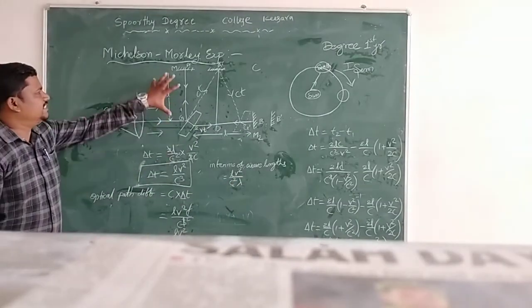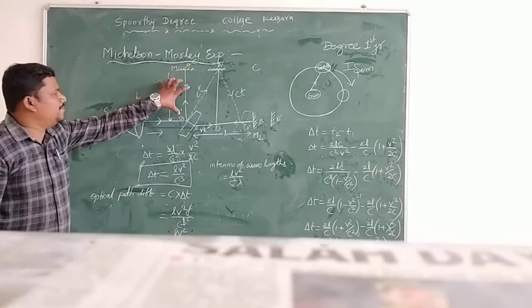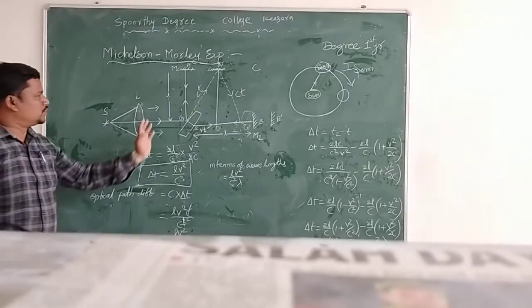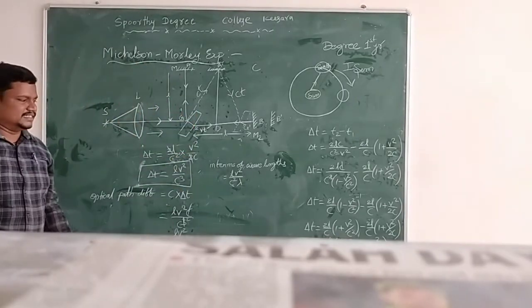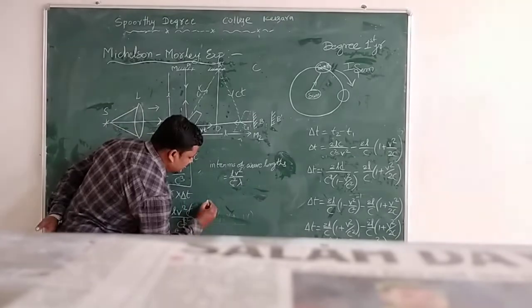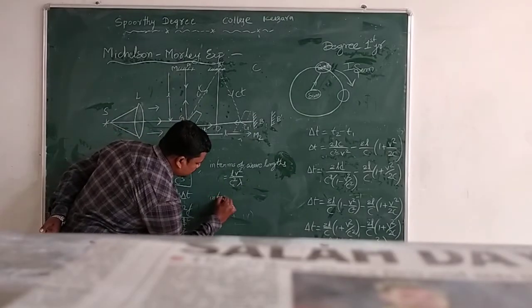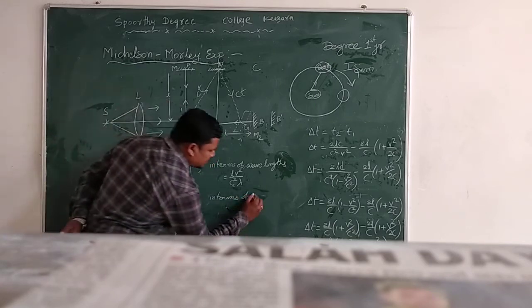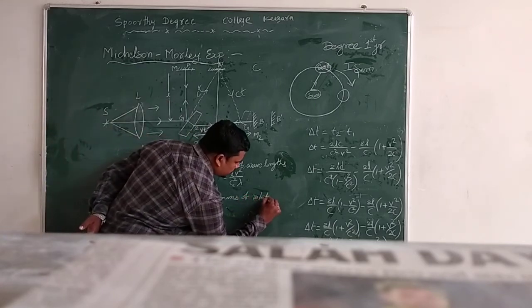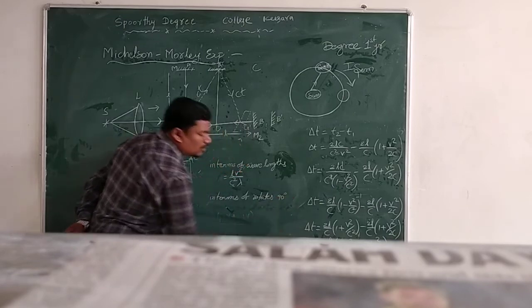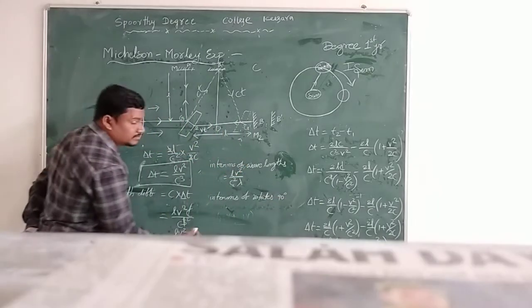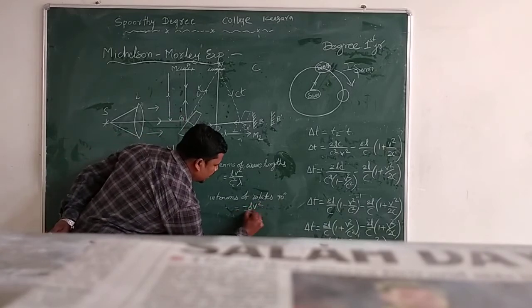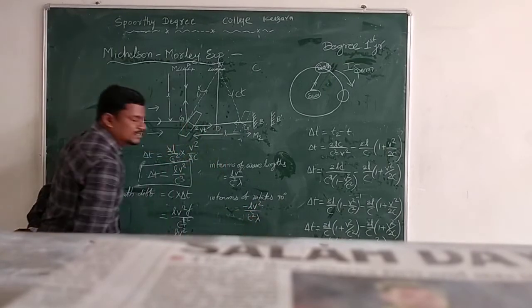Then scientists find this value in the same experiment. It is rotated by 90 degrees. In terms of the same experiment, it rotates 90 degrees. Then minus LV square by C square lambda.